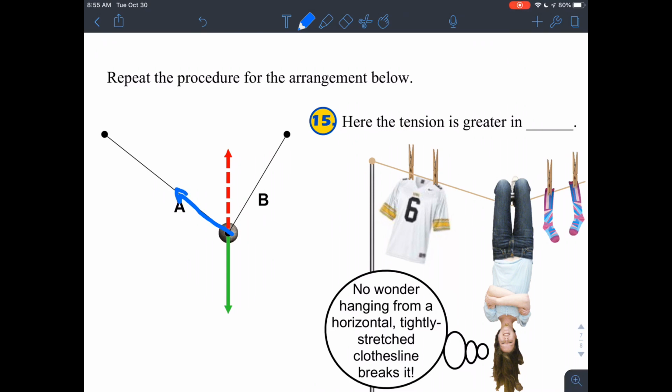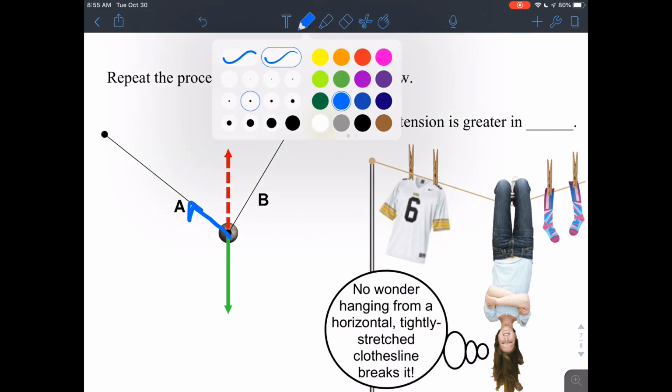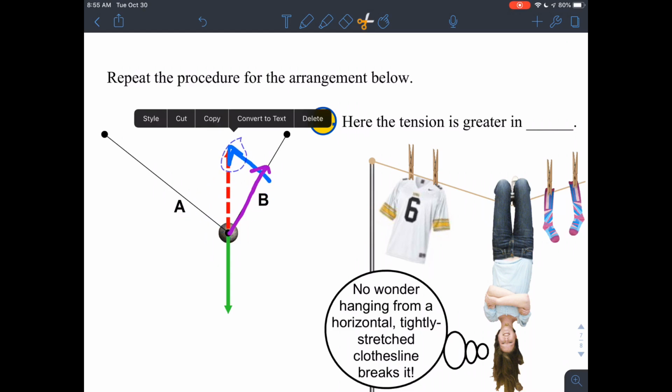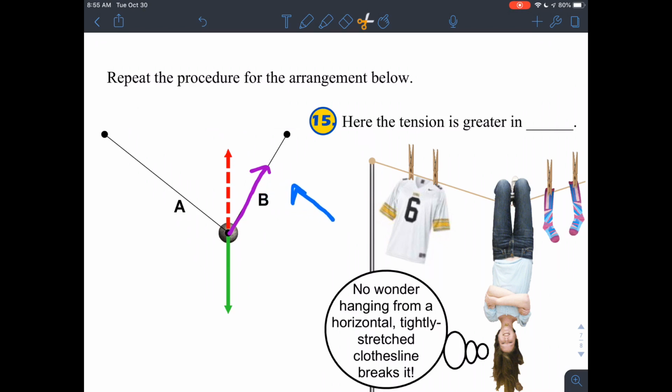Let me backtrack that a little bit. It wants to go about here. There's A. And then B is going to go along the edge here until you get to the edge of the red line there. So now if we add A plus B, we see that A plus B adds up to give us our red. So now again, compare the two.